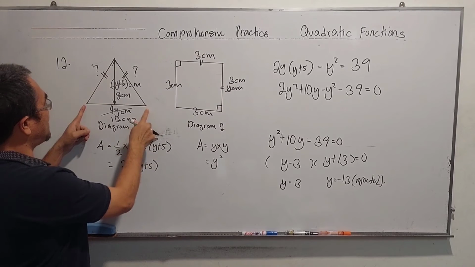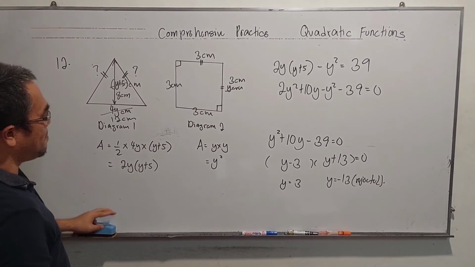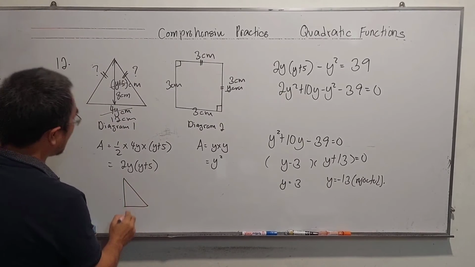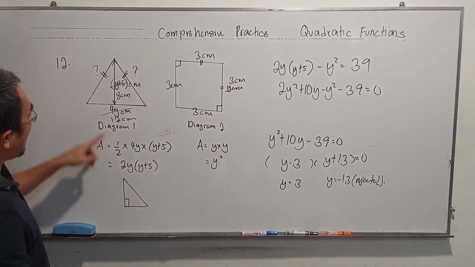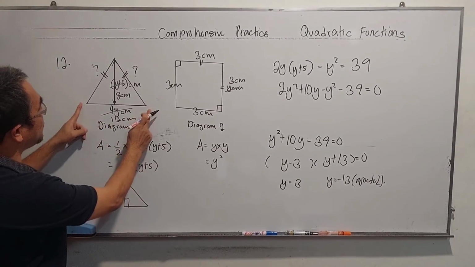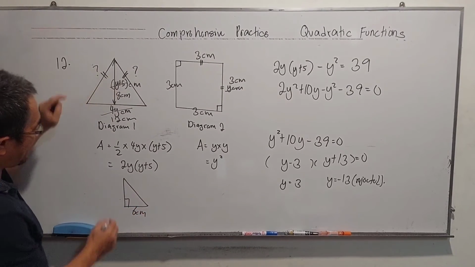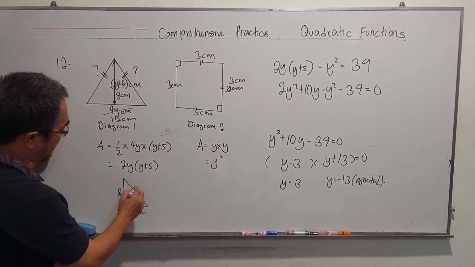You already know that it's 12 here. So in order to use the Pythagoras theorem, you need to divide it into two parts, which is a 90 degree angle here, and the 12 will be divided into two equal parts. It will be 6 centimeter, and here will be 8 centimeter, and you will get to know the hypotenuse.